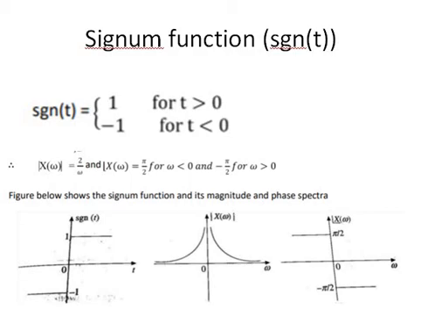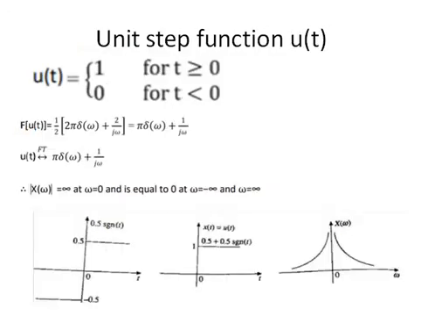If we apply the Fourier transform to this signal, then we will get minus pi by 2 for omega greater than or equal to 0, and pi by 2 for omega less than or equal to 0. Then if we plot the equations, we will get these plots. This is the signum function, and if we apply the Fourier transform, we will get this signal. And if we want to show the signum function in the phase spectra, we will get this equation.